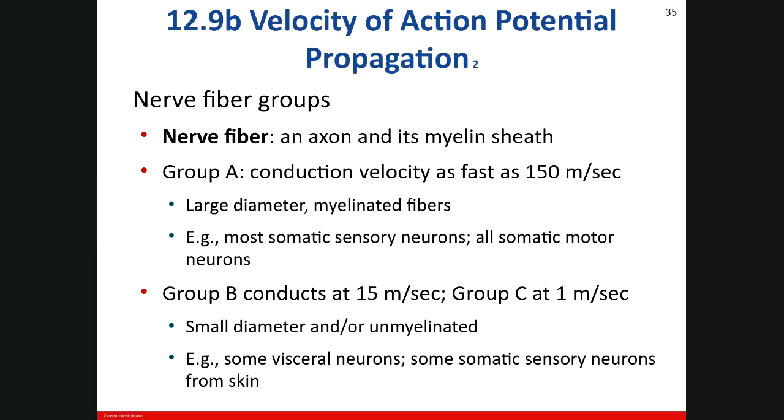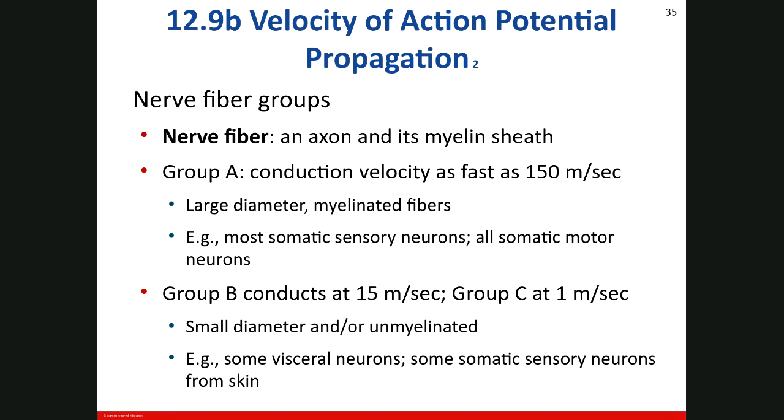These fibers have a large diameter. They are myelinated. Most of our somatic sensory neurons, which extend from the sensory receptor to our central nervous system, and all somatic motor neurons, which extend from the CNS to skeletal muscles, are classified in this group.